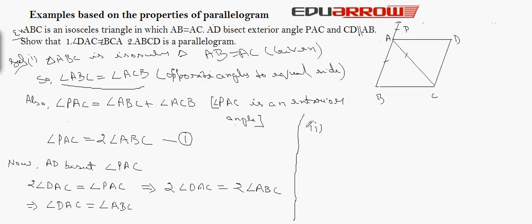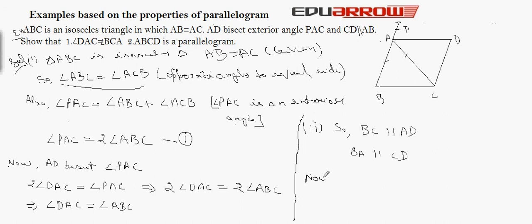Now, these equal angles form a pair of alternate angles when AD and BC are intersected by a transversal AC. So, BC is parallel to AD and BA is parallel to CD.